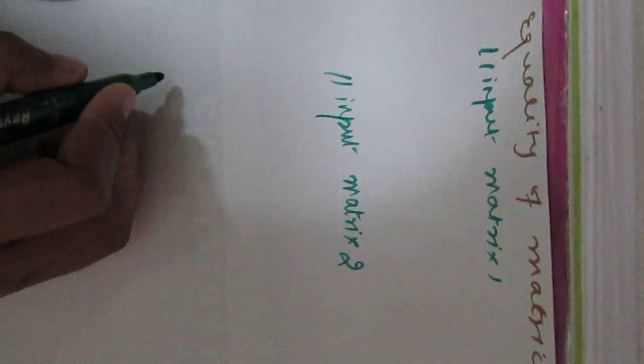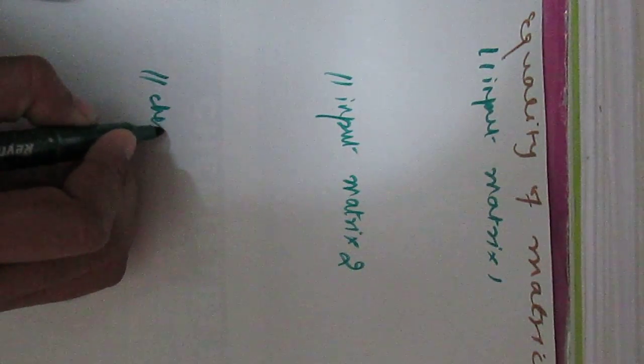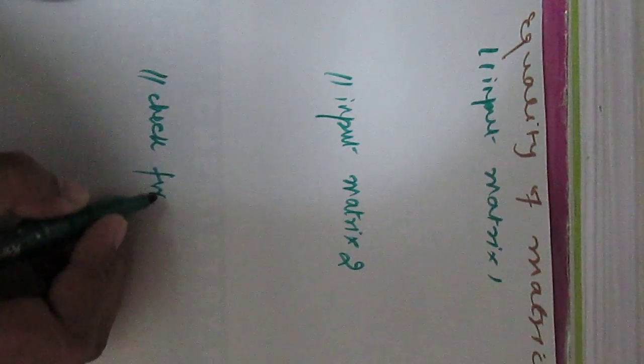I mean, there may exist at least one element that is unequal, so the matrices are unequal, otherwise they are equal. So we'll check for inequality.